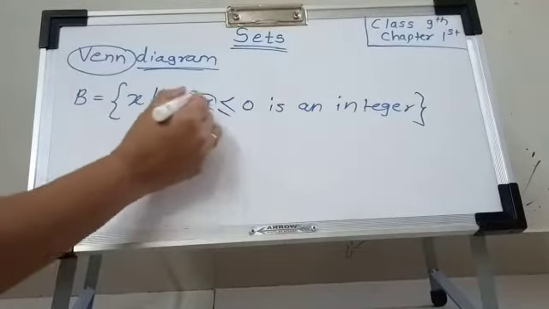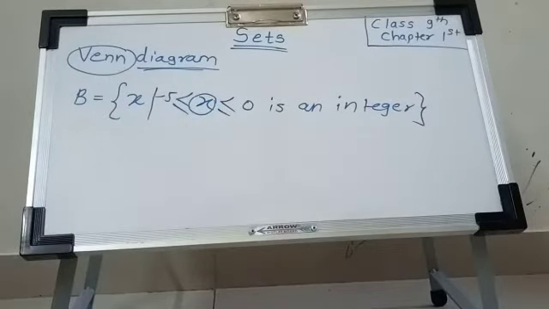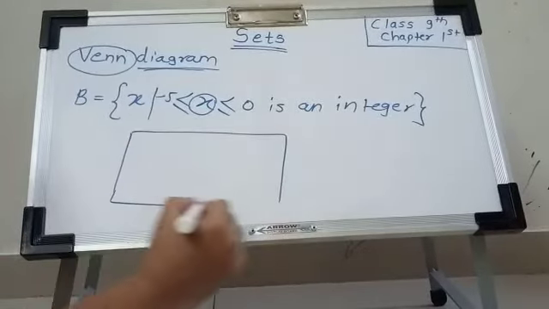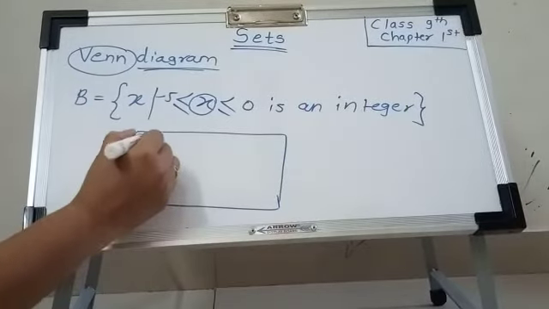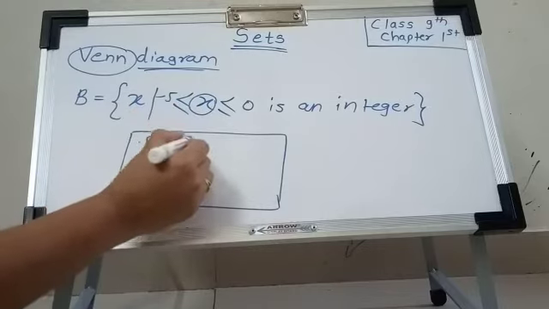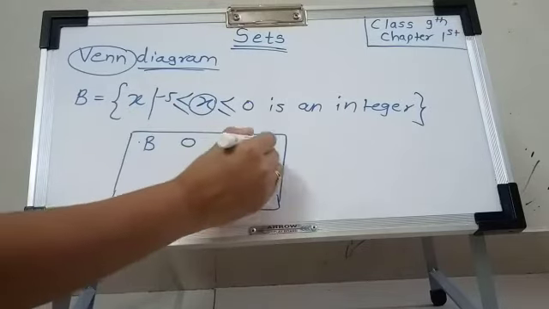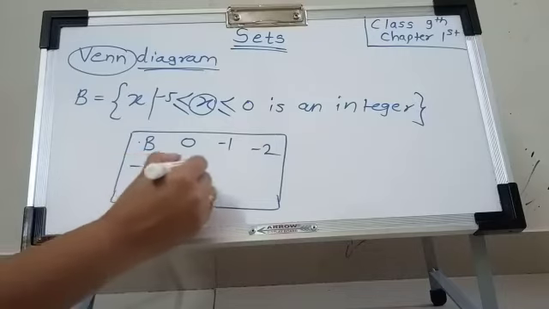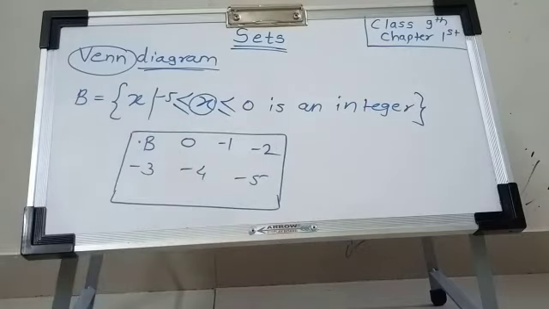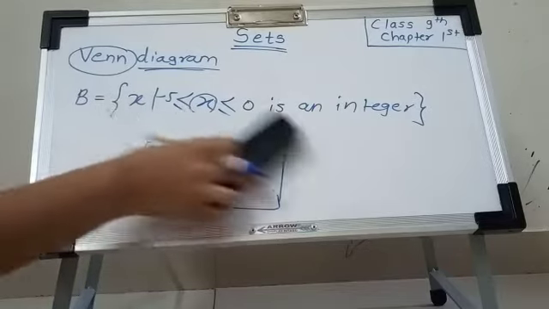B is a set of numbers from 0 to -5. How to draw it? We can draw a square, rectangle, circle, ellipse, any shape. What are the elements of set B? 0, -1, -2, -3, -4 and -5. This is set B, and this is the Venn diagram of set B.